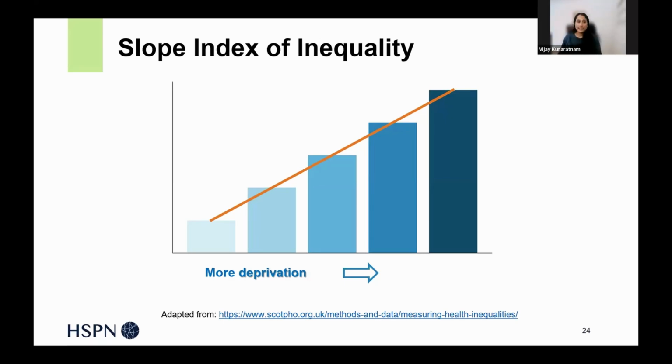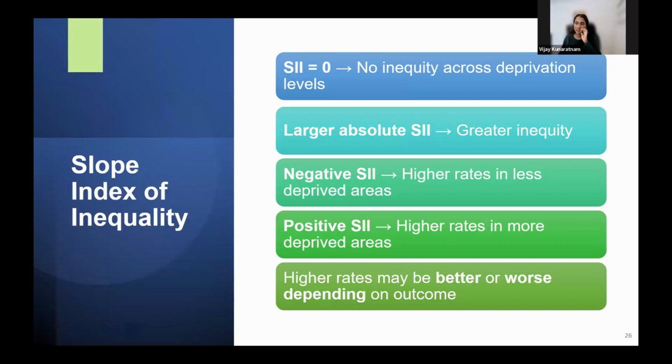I wanted to spend a little bit of time talking about the interpretation of SII and the directionality of it. The direction of the indicator and the stratifier really determines the interpretation of the actual slope index. Let's take something a little more intuitive, like hospitalization rates, where higher rates are less favorable, right?